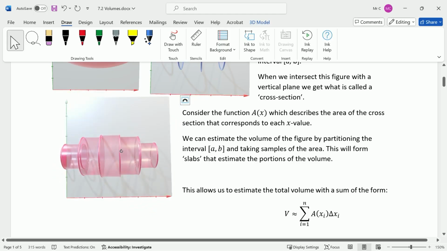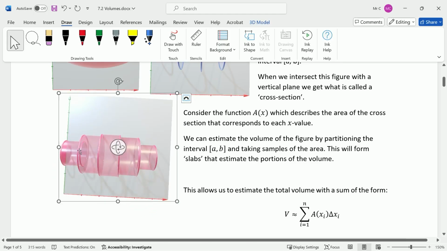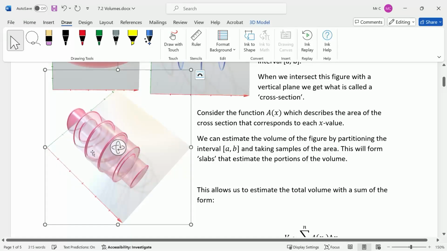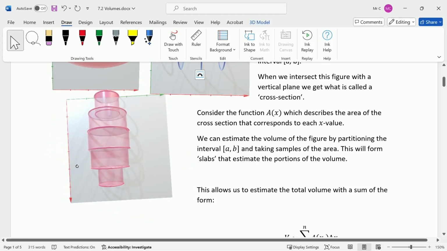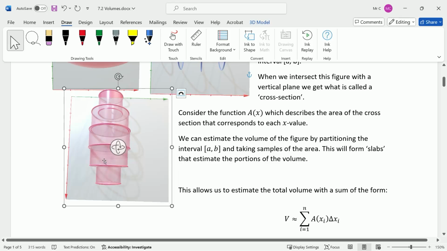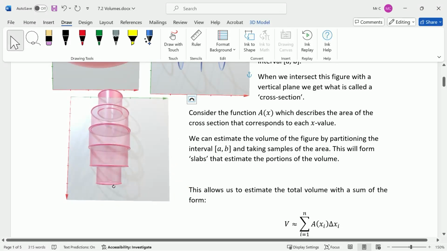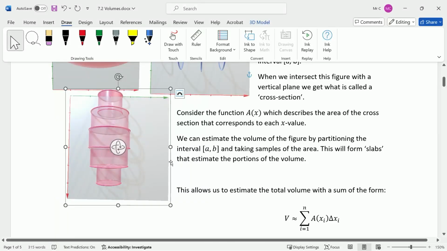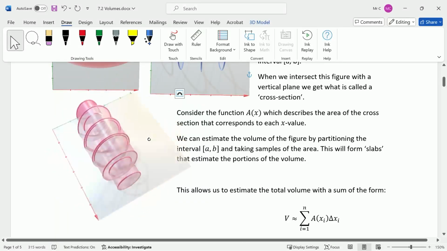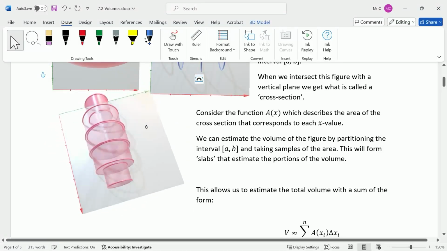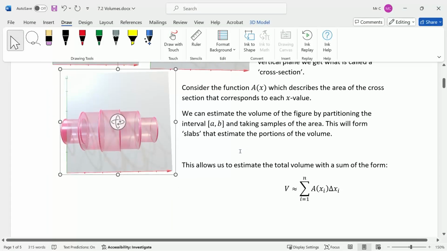So notice what's key about each of these slabs is that the area of the cross sections of the slabs is constant. So you get just one area for each slab times the height, let's call it, of the slab, right? If we turn this to face this way, we think of each slab as having height, and then the cross section as describing the area of the base, in which case the volume for each slab would just be the area times the so-called height.